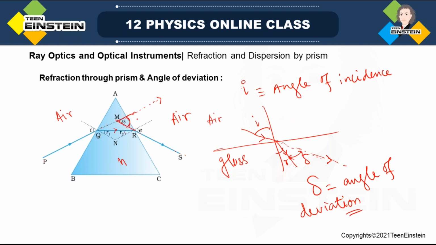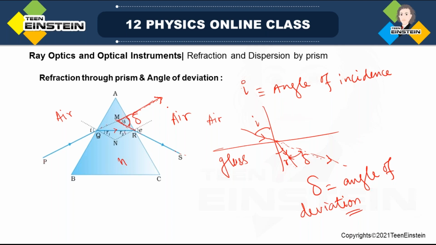So this angle is delta, or deviation. Deviation is the angle between the direction of the incident ray and the direction of the refracted ray. So we will see here, angle of deviation has a lot of influence on the refraction part.